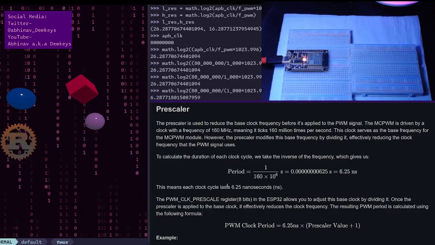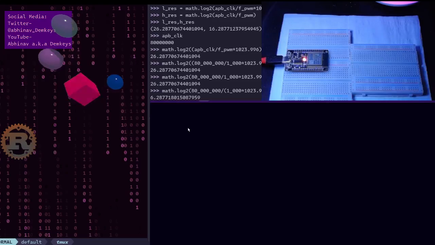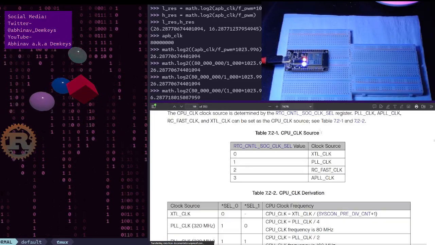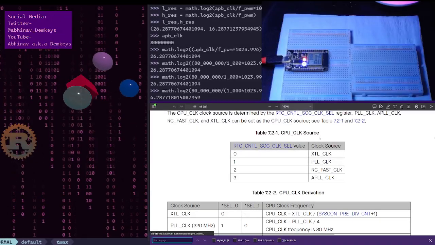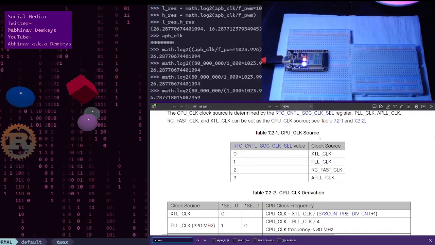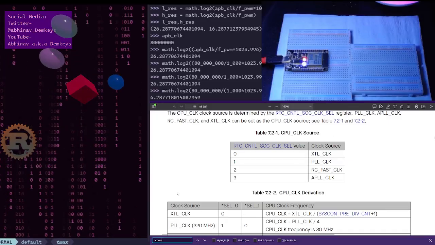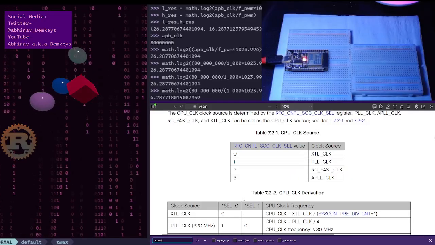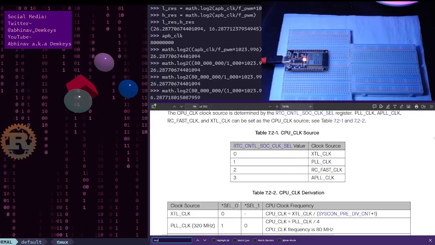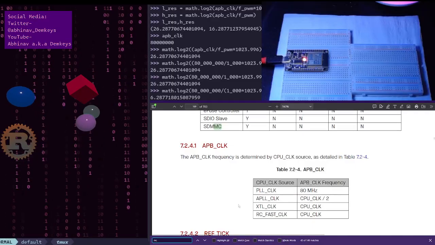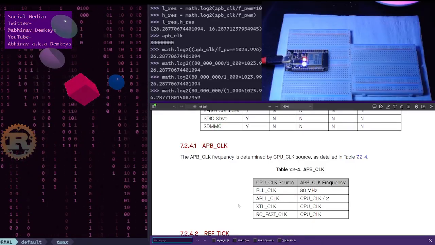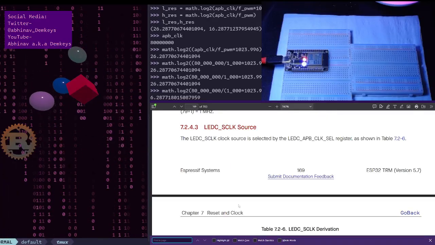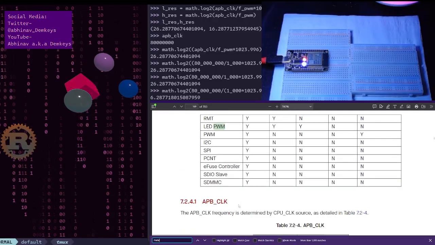I feel like it's worth at least exploring the TRM side of this. So let's see. Is it not called MCPWM? There's LEDC. Okay, let's just say PWM.